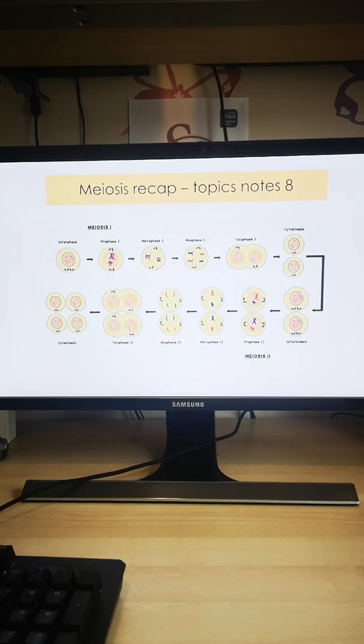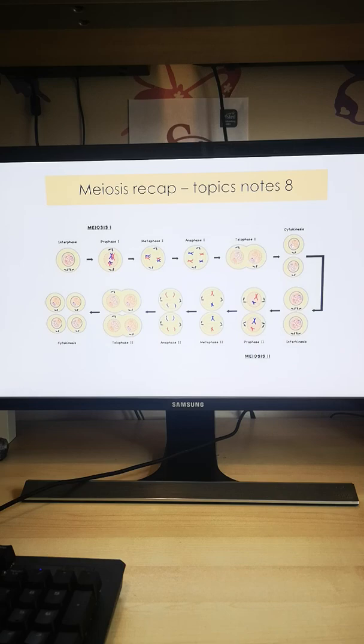Okay, so meiosis, of course, is the type of cell division which halves the chromosome number. It does this because the cell divides twice. First, in the first division, the homologous chromosomes align on the equator and are separated into the 2 daughter cells.